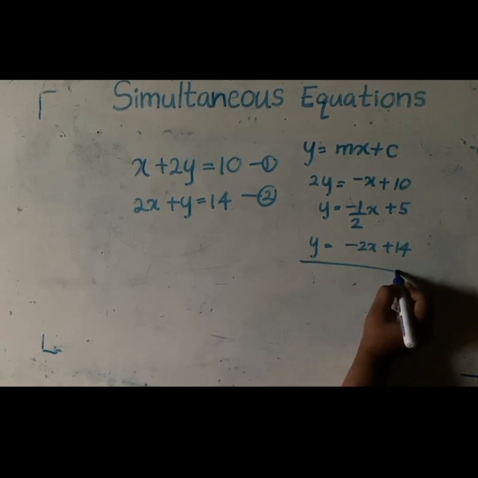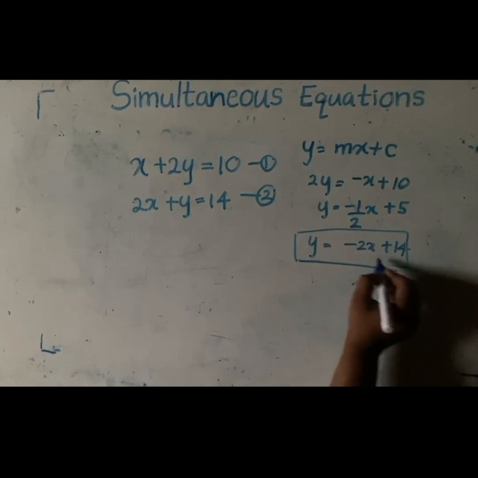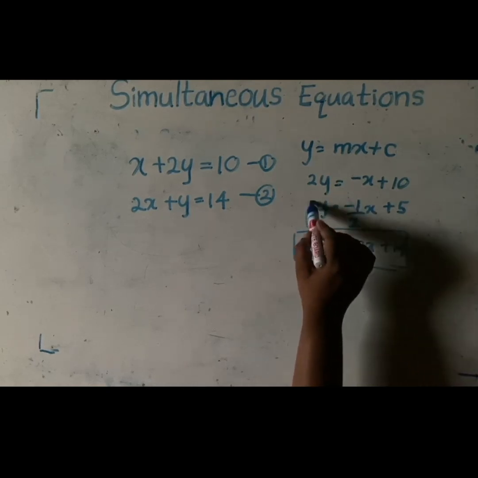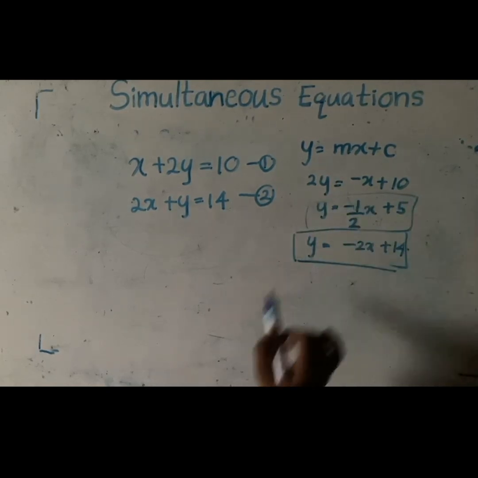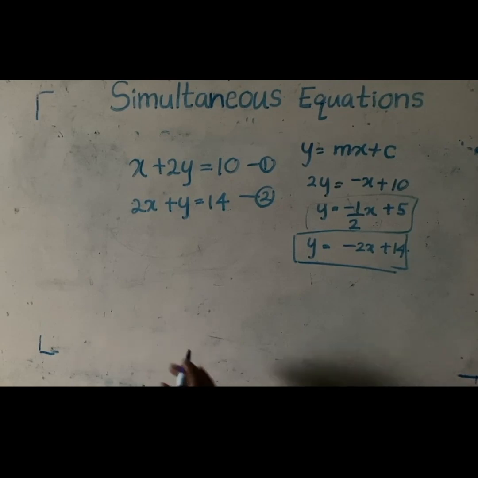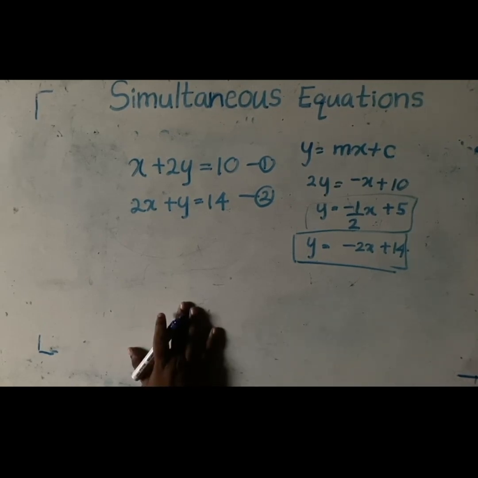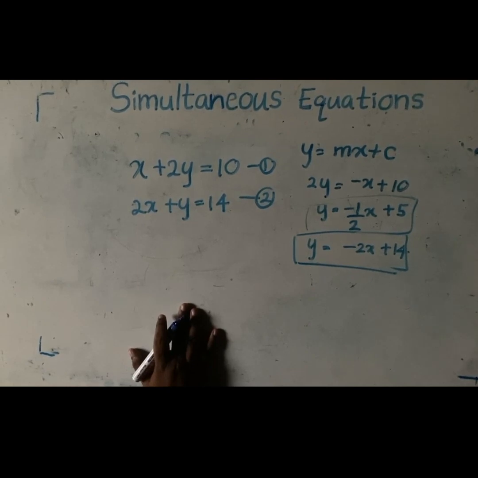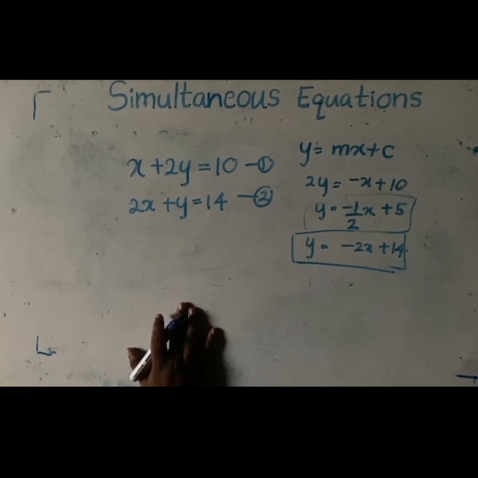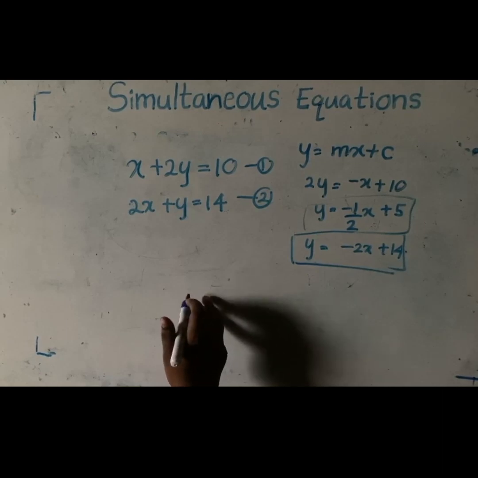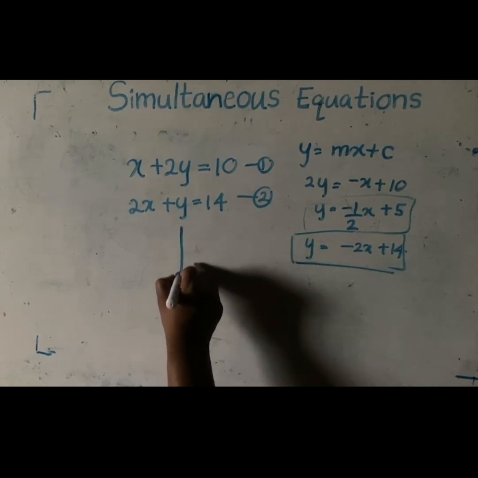So I take these two equations in the format of y equal mx plus c. Then you want to take x coordinates for these equations, get the y coordinates, and draw the graphs. Now I am just drawing a small sketch for this one.